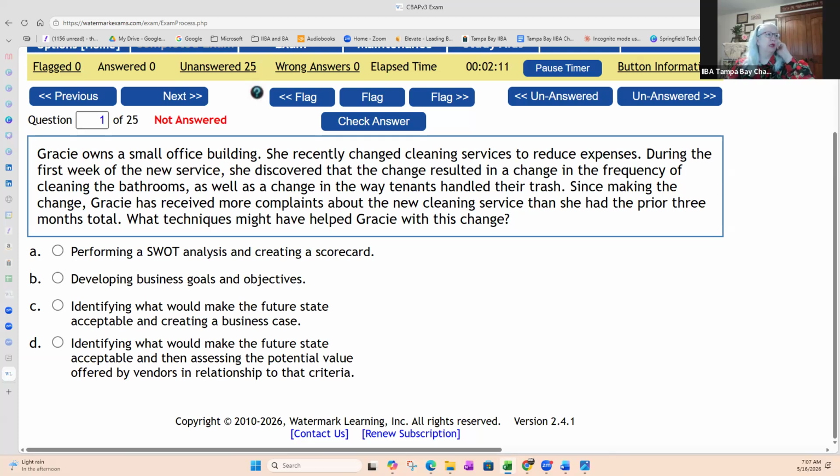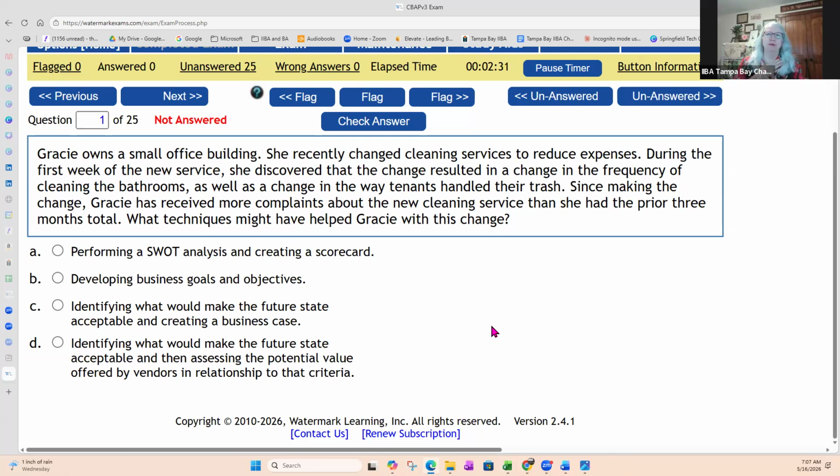Just a reminder, chapter 6 has the four tasks in it: analyze current state, define future state, assess risks, and define change strategies. So, let's get started. Gracie owns a small office building. She recently changed cleaning services to reduce expenses.